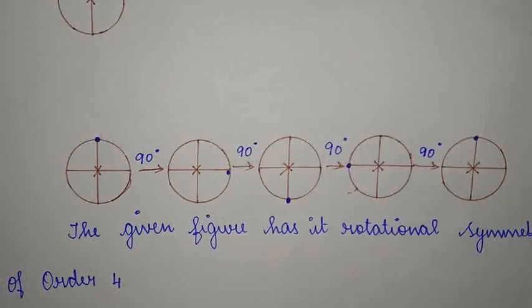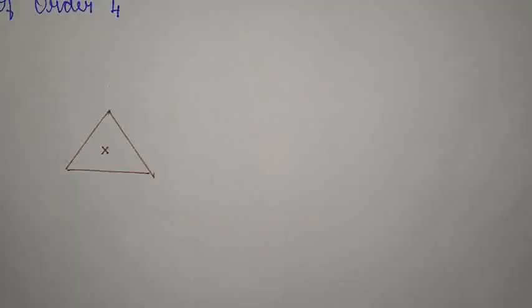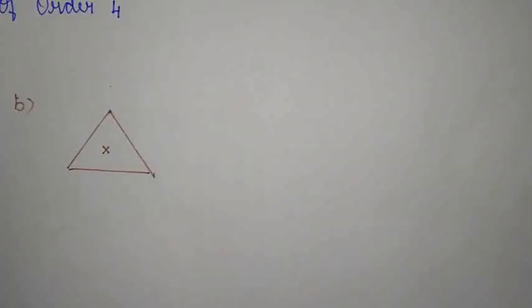Next, let me take subdivision B. This is B subdivision. So look at this diagram. It is a triangle. We have to find the number of rotational symmetries in this given figure.